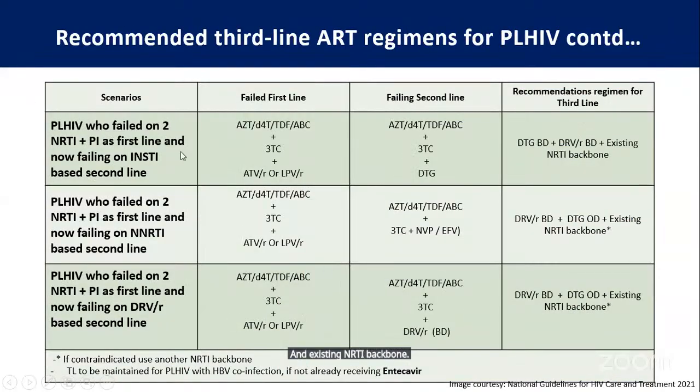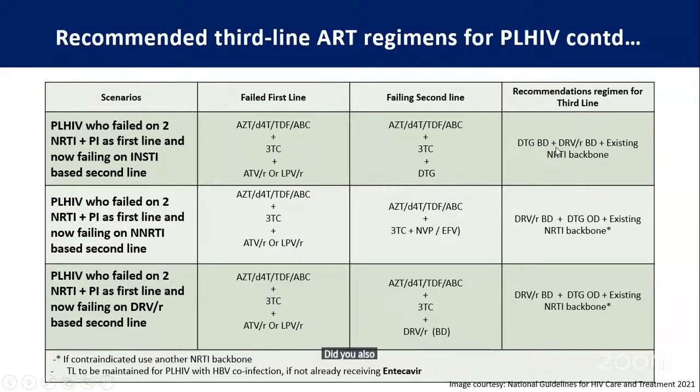And continuing with such scenarios, a PLHIV who failed on 2 NRTI plus PI as first line and next failing on an INSTI-based second line. So PI-based failure, then moved on to a DTG-based, INSTI-based second line and now failing on DTG also.